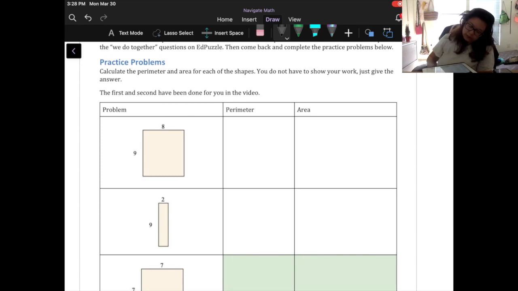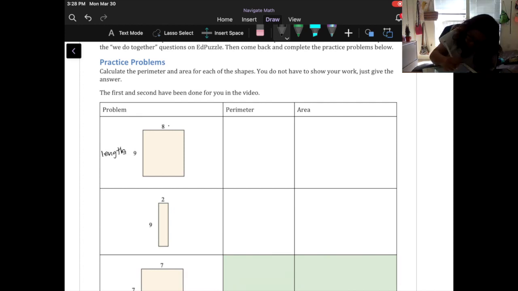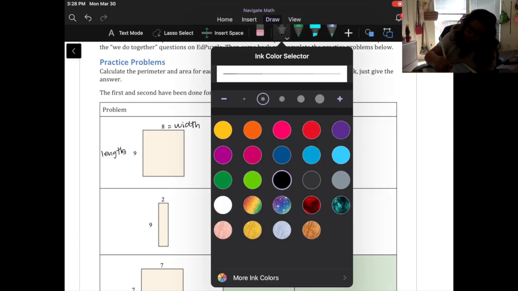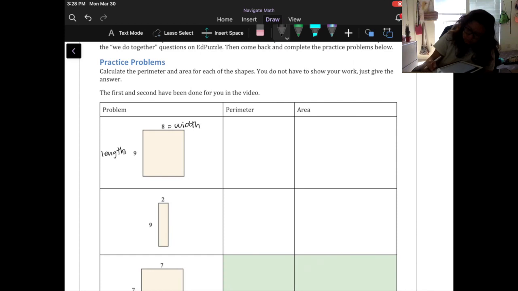This problem gives you a shape that says that the length is 9 and the width is 8. So I'm going to label this as length and this is width. Okay. So first part asks me to find the perimeter.